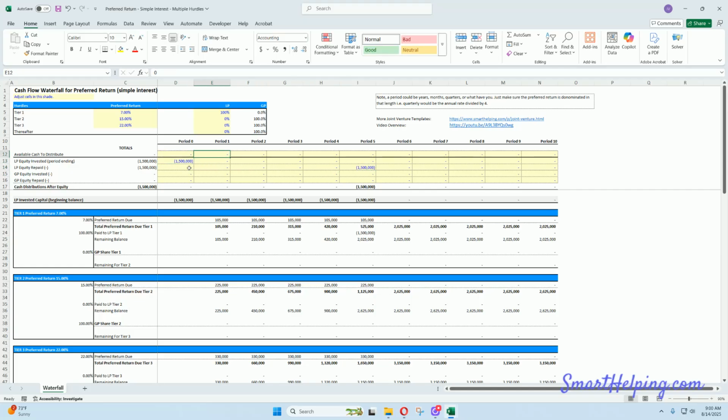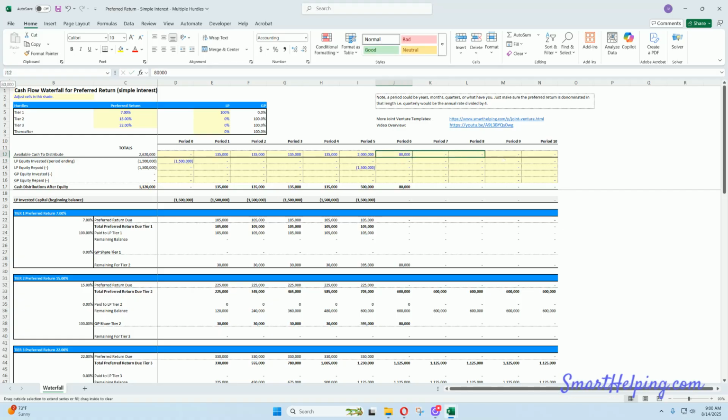Let's say here's available cash flows, 135. And then here we've got a big refi, so we know what that amount will be based on whatever model we're plugging data in from. And then the rest of the cash flows are whatever. Just making the numbers up.